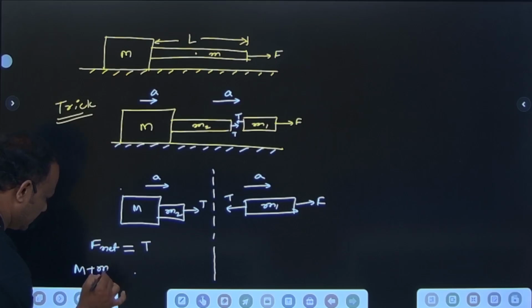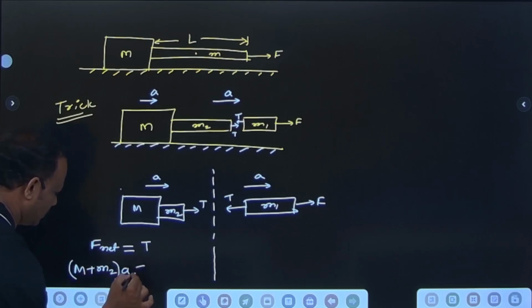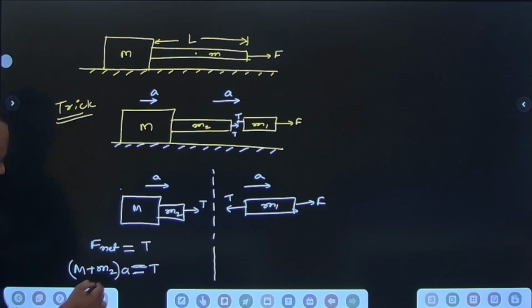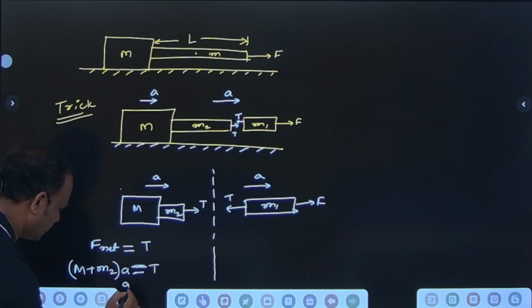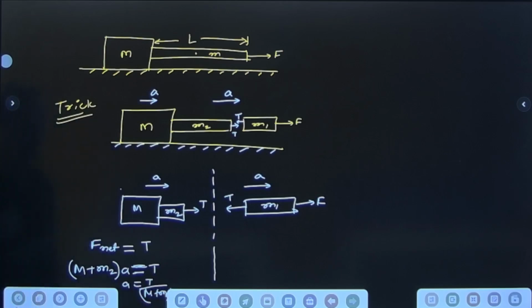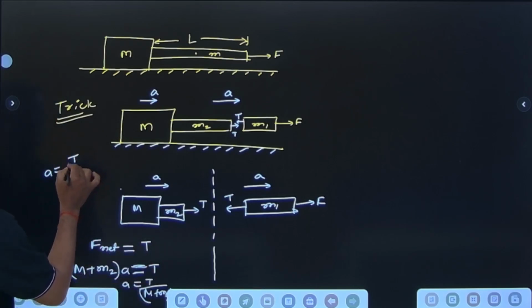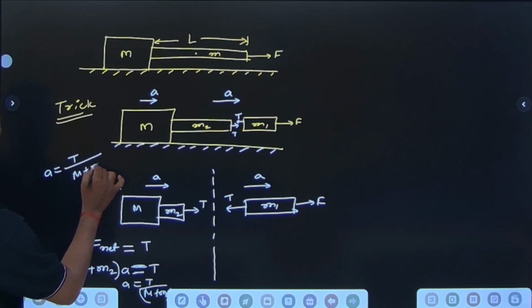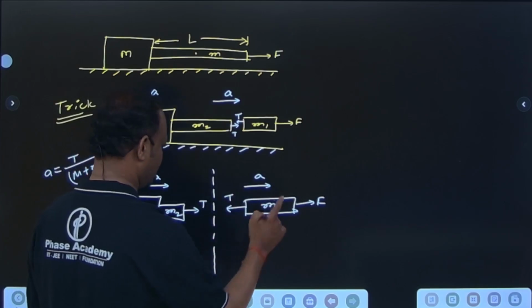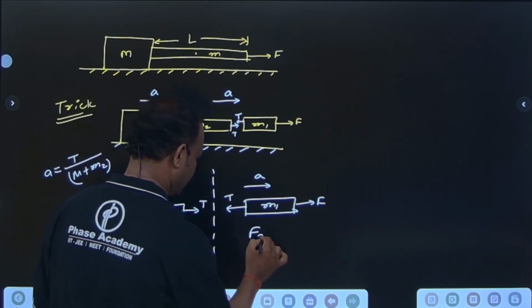Capital M plus M2 times A is equal to T. Then A is equal to T by capital M plus M2.